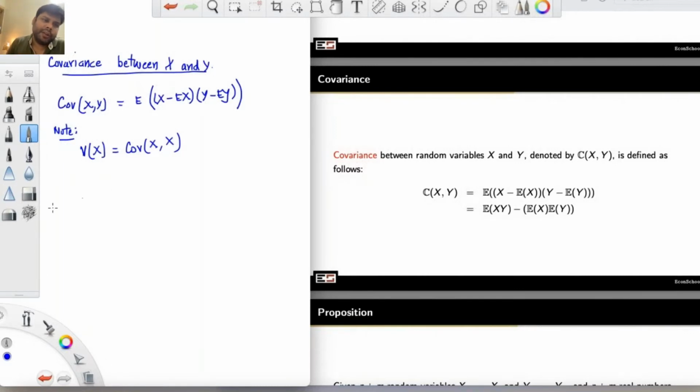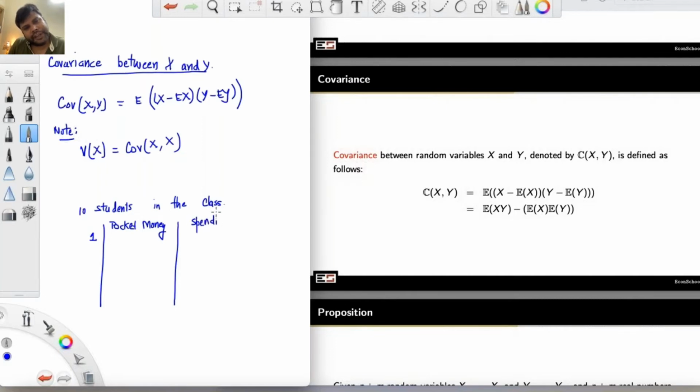Suppose there are 10 students in the class. Suppose for student 1, I know the pocket money that the student receives from the parent, and I also know how much this student spends out of that pocket money. I know this for all 10 students.